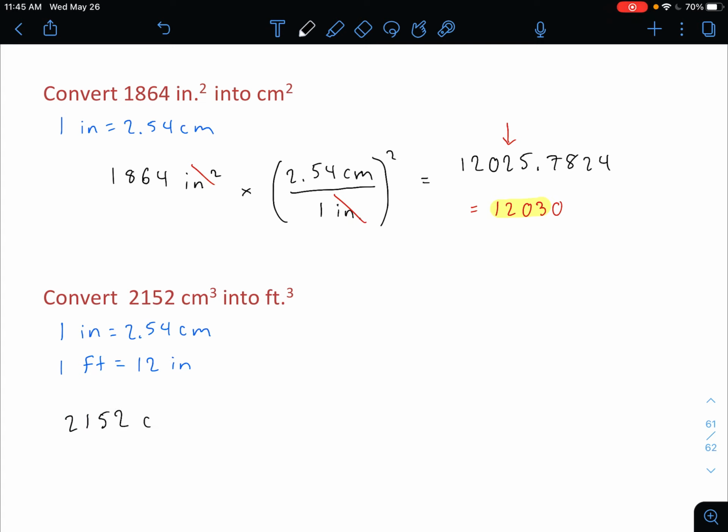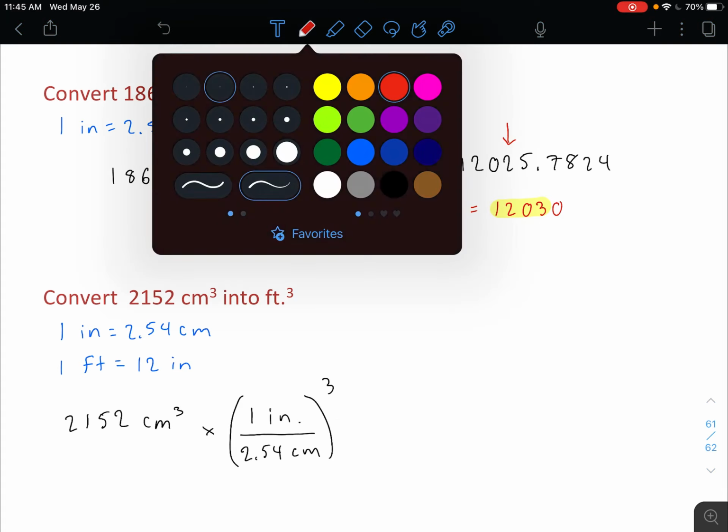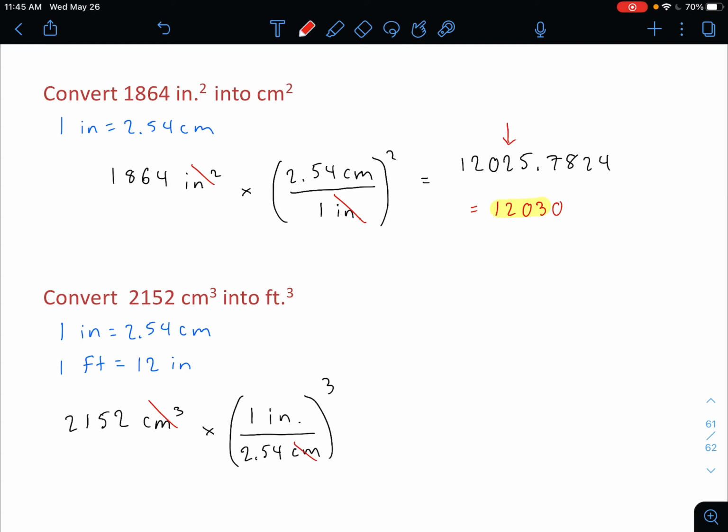So 2152 centimeters cubed times, I want to get out of centimeters and go into inches, so it'll be 1 inch in the numerator, 2.54 centimeters in the denominator, and then the entire thing cubed so that the units will cancel out.